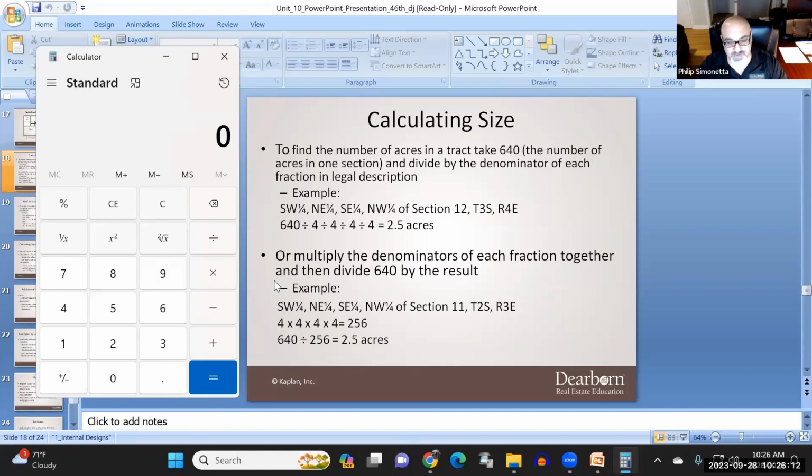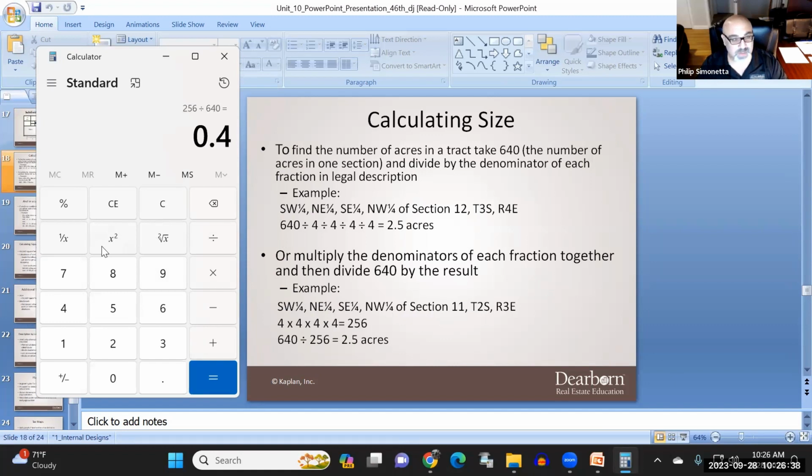So you have the same question: southwest quarter, northeast quarter, southeast quarter, northwest quarter of section 11 T2S R3E. You can take the 4, the 4, the 4, the 4, and multiply them, and then divide 640 by 256. So you take the 4 times the 4 times the 4 times the 4, it gives you 256.